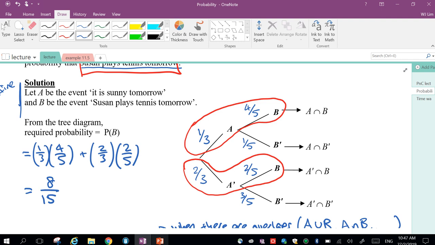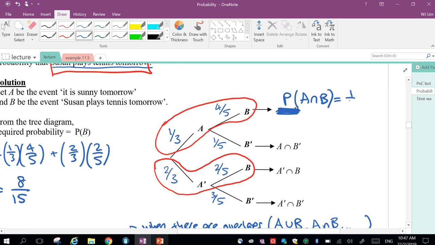Easy, simple. One thing to note, important. Can you write down these? The probability of A intersect B is what? 1/3 times 4/5. Agree?